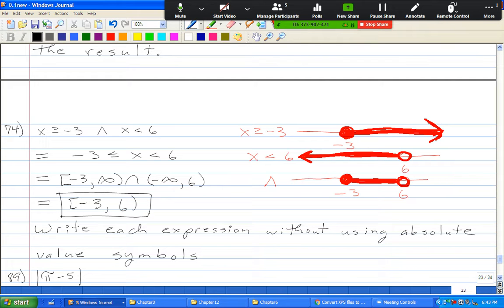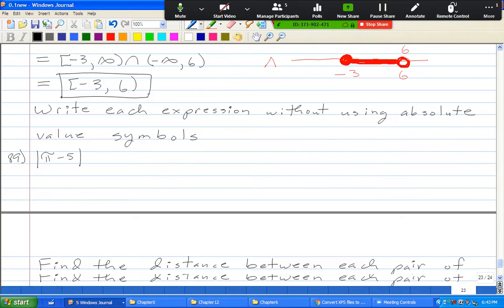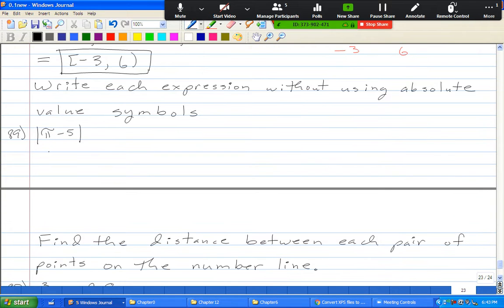So I want to write each expression without using absolute value symbols. Well, pi minus 5 is less than 0. So to write it without an absolute value symbol, I have to negate it, bring the minus inside the parentheses.